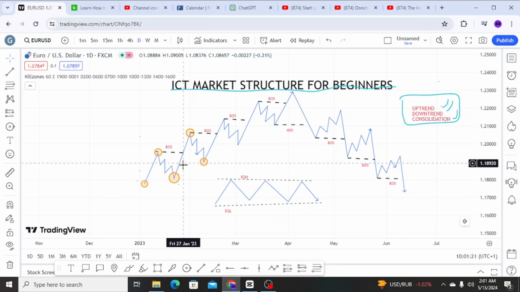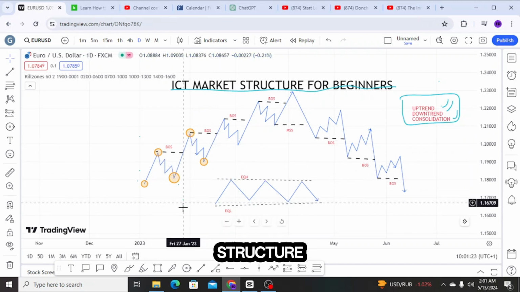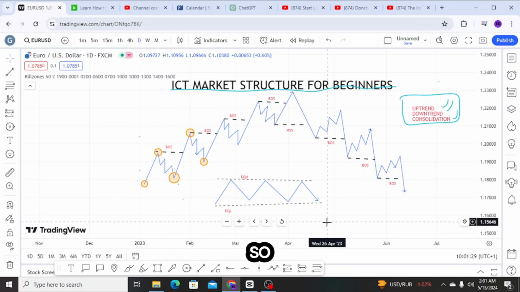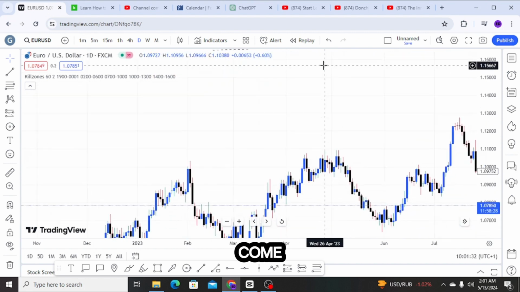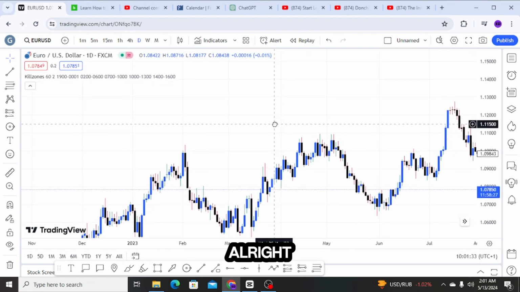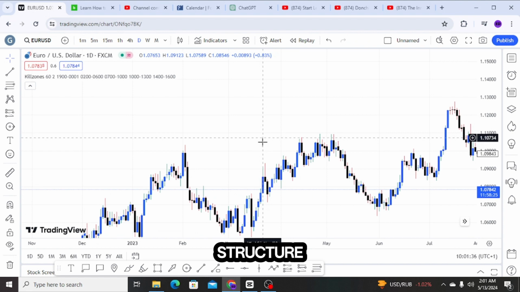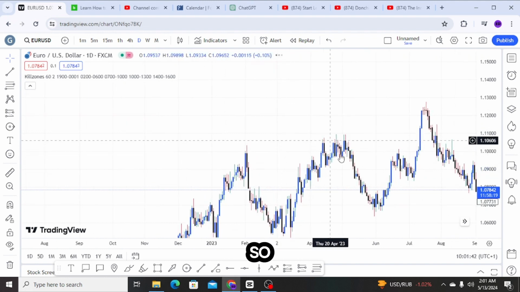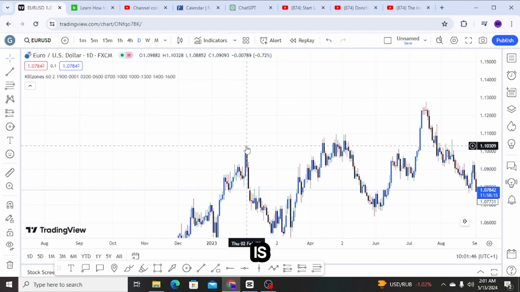Also, your structure should be marked out with both the high and the wick. So let me explain what I mean. If I come to the chart now and I want to mark out structure, you can see that this market is an uptrend. If I want to mark a structure, the high here is what I'm going to mark.